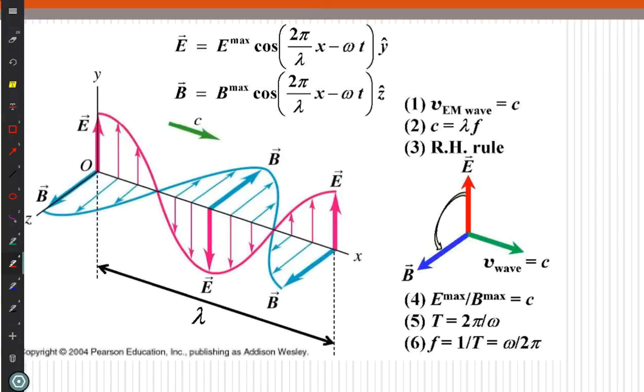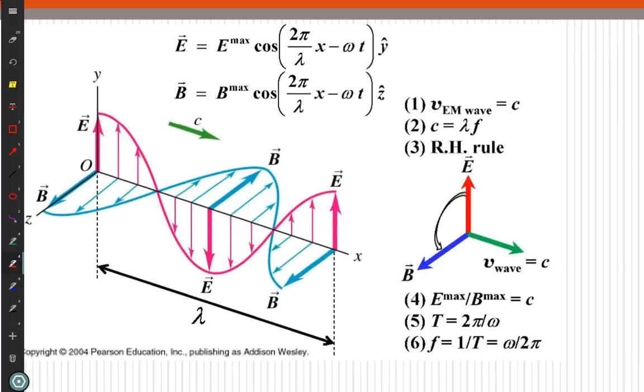This graphic here shows you a lot of things about electromagnetic waves. The first thing you see is that it shows equations for each of the electric field and the magnetic field. An electromagnetic wave is a wave that has both an electric field oscillating and a magnetic field oscillating.